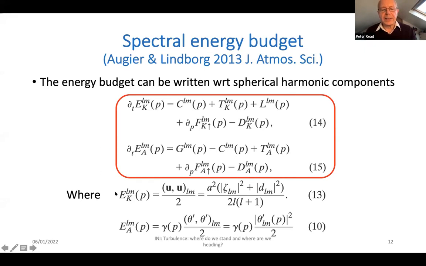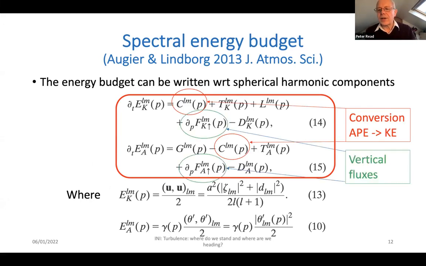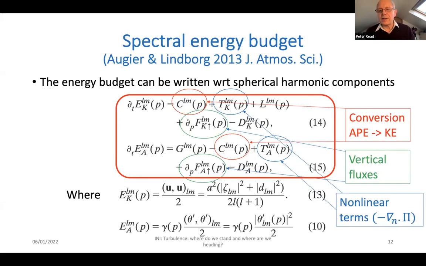So we can define the kinetic energy in this way, and the potential energy in this form, based on quadratic quantities in potential temperature. The various terms on the right hand side involve conversion between potential and kinetic energy. We also have the vertical fluxes that can be represented in this way, and then we have the nonlinear terms.